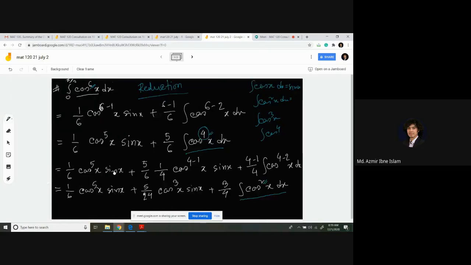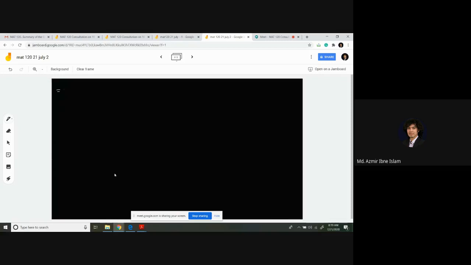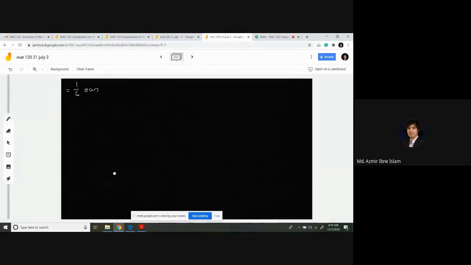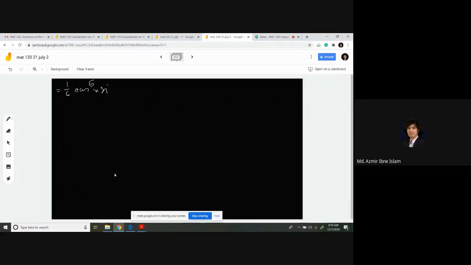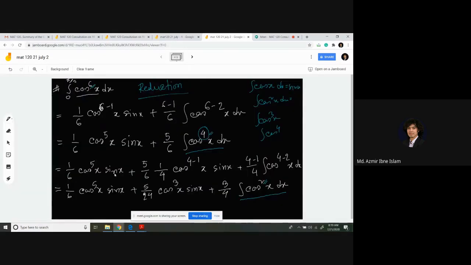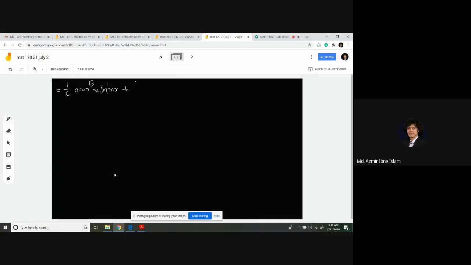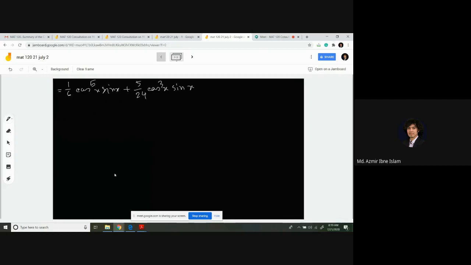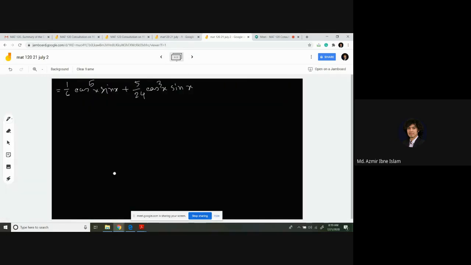So from the previous part, we have 1/6 cos^5 x sin x plus 5/24 cos^3 x sin x. I'm trying to make you understand the concept, but do practice at home, and you will understand things.